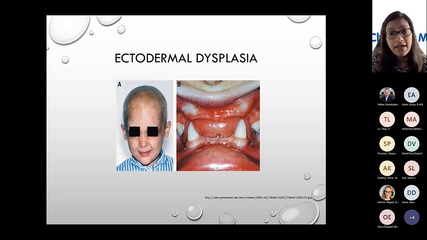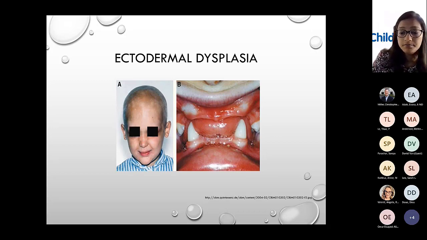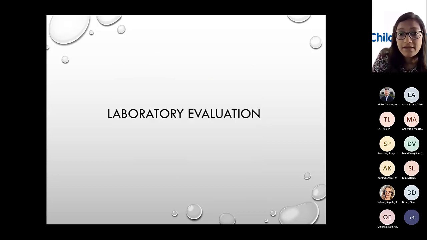Here's a picture of ectodermal dysplasia, which can be prominent in patients with specific inborn errors of immunity, such as NEMO defect. There are conical teeth. There can be skin issues. The skin is affected, hair is affected, nails are affected. So keeping that in mind.